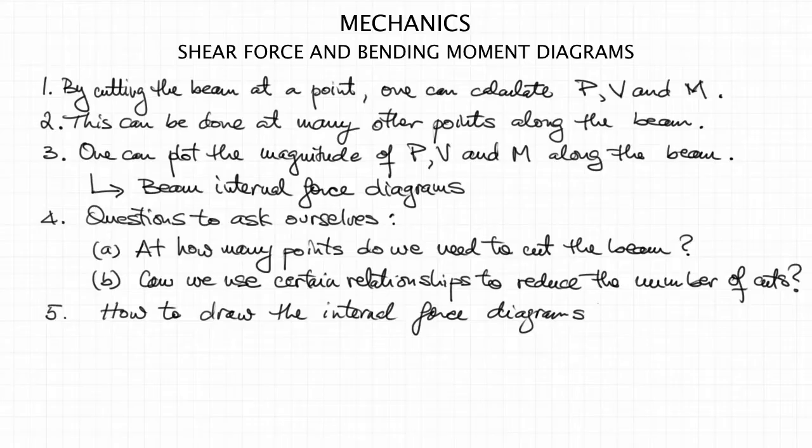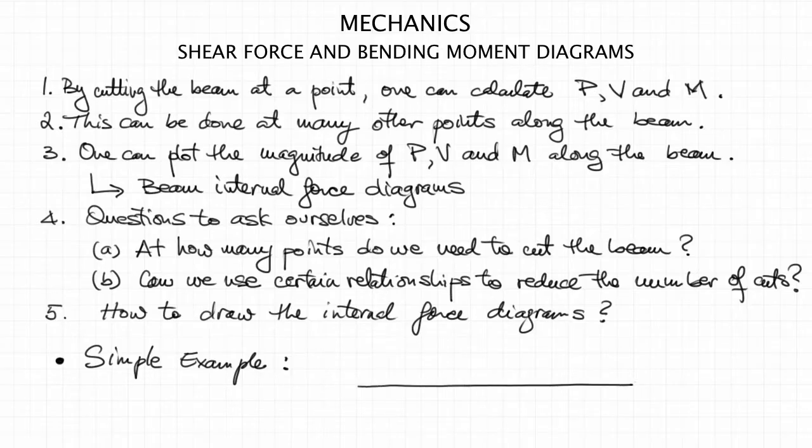But firstly, let's see how we normally draw these internal force diagrams. We will do this through a very simple example in which you will see how to basically determine what's happening in the beam and how to draw the diagrams. The simple example consists of a simply supported beam loaded by a force P at midspan.